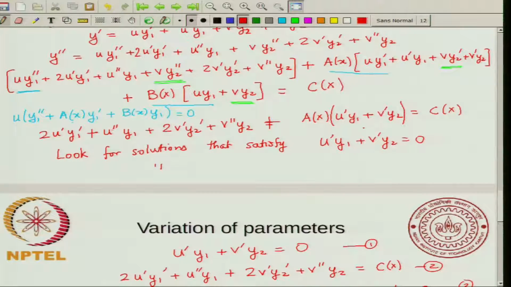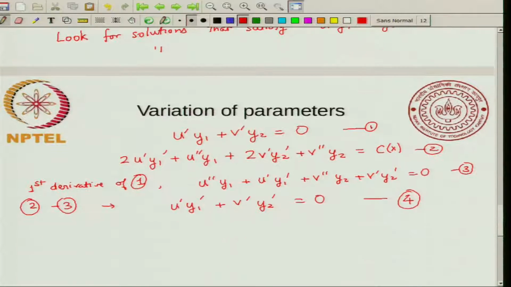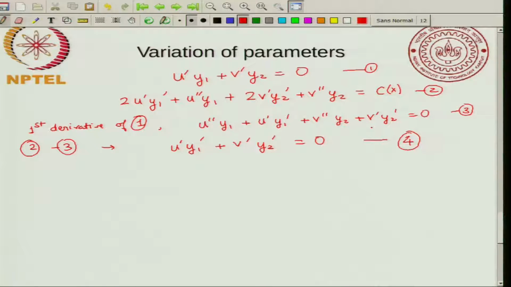This quantity, remember, was equal to c of x. And now from the first derivative, what you will get on the right hand side is not 0, but d by dx of c of x. So finally this is equal to dc of x by dx.